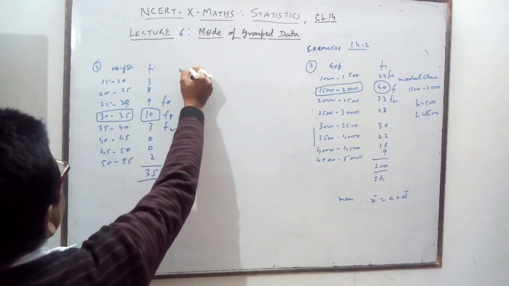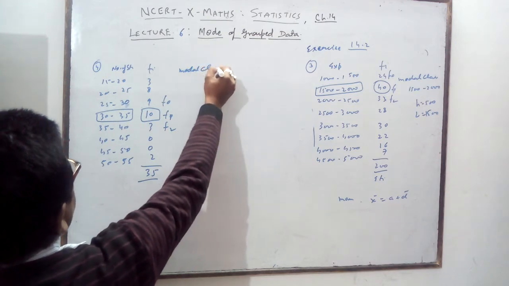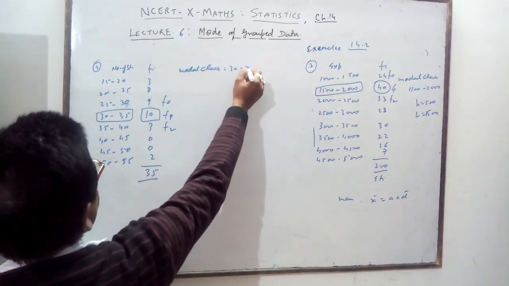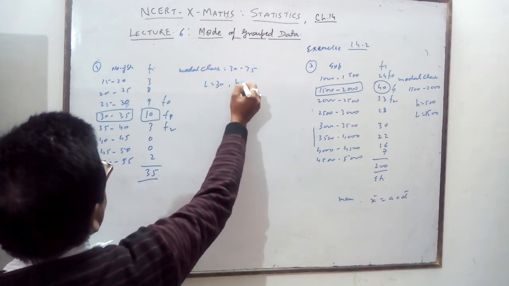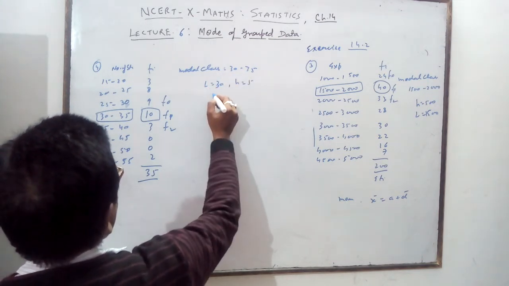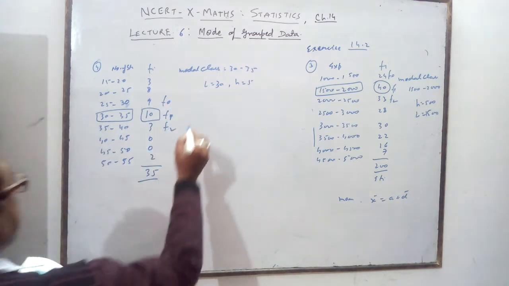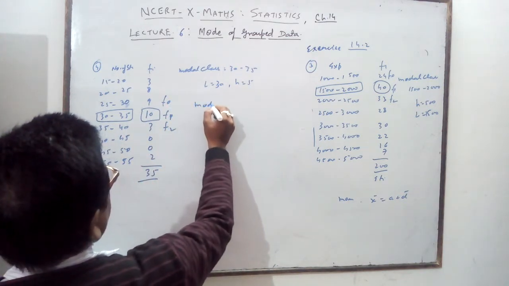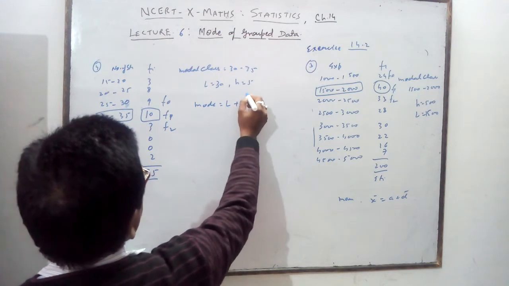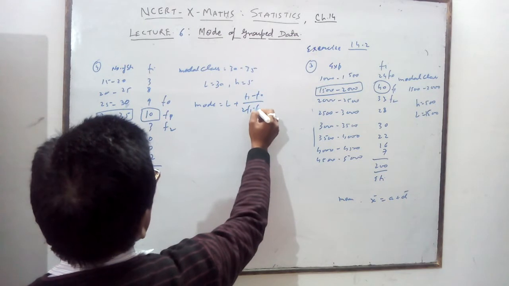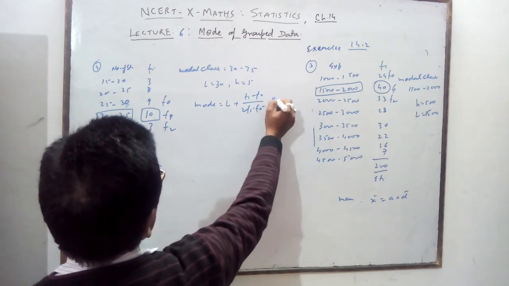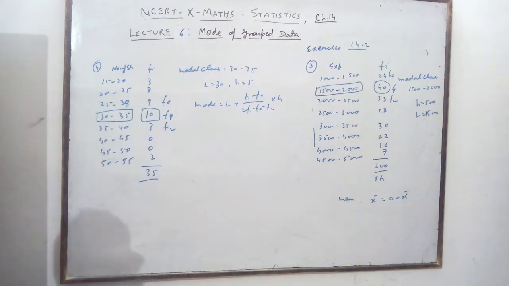The modal class is 30 to 35. L is 30, H is 5, with F1 and F0 given. Calculate the mode: L plus F1 minus F0 upon 2F1 minus F0 minus F2, into H. Put the values and find the mode.